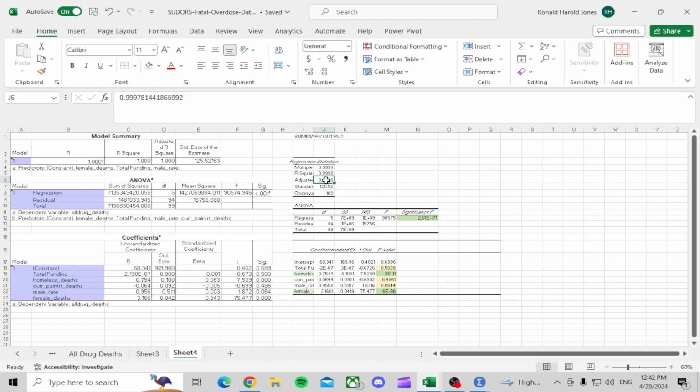And 99, this means our model is 99% accurate or whatever, basically like that. Standard error is 125, standard error 125. So you can see. Voila, so that's two ways to run a linear regression model, one through Excel and one through IBM SPSS.